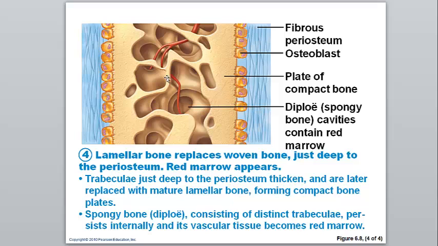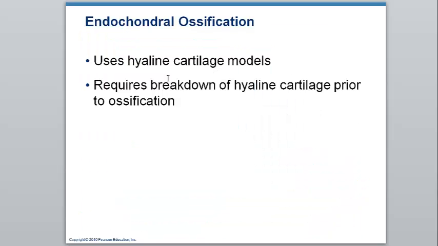Please go over the stages and we can continue now to the endochondral ossification. Before, I said endochondral ossification is found in your long bones, every other bone of your skeletal system other than the flat bones.